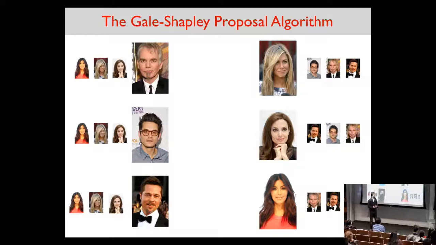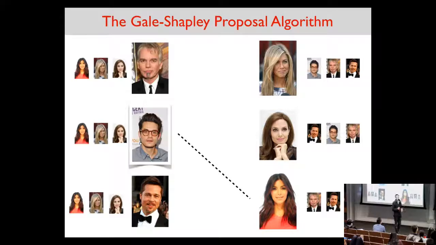The algorithm just arbitrarily picks some guy that's not matched. So let's say John Mayer. He's not currently matched, so he goes to the first woman on his list, Kim Kardashian, and proposes to her. Kim Kardashian thinks, well, I'm not crazy about John Mayer, he's last on my list, but women prefer being matched rather than being single.